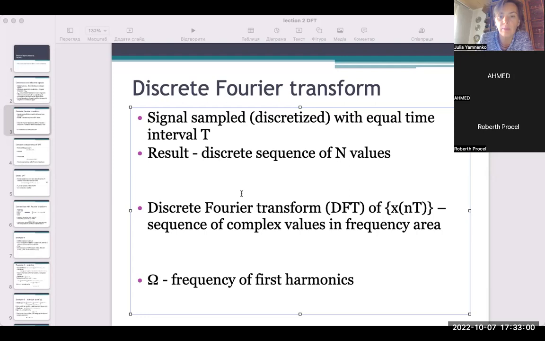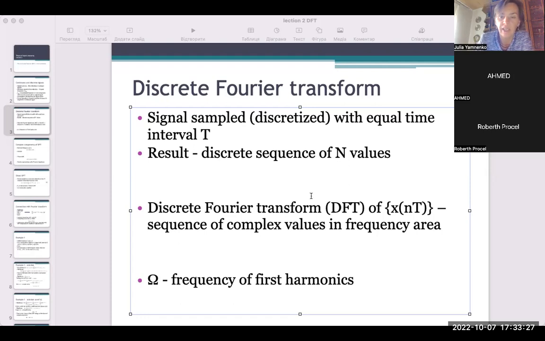Under the sum, we have the original sequence multiplied by an exponent, with this quite long expression in the exponent index, where we have i, j, k, omega, n, and T. You can see that k is like a counter that could take values from 0 to N minus 1.